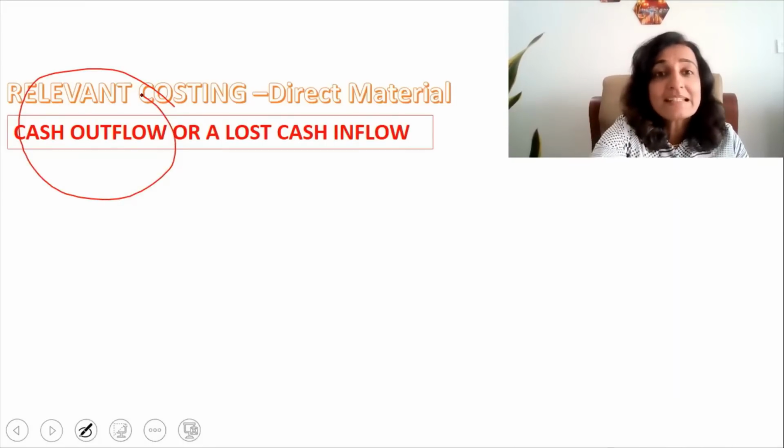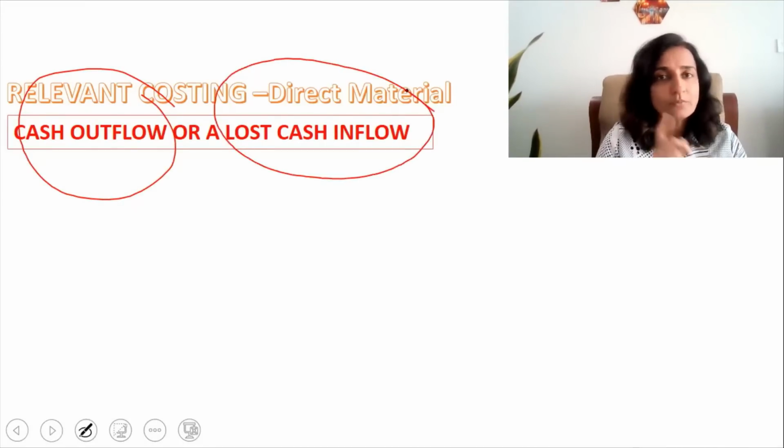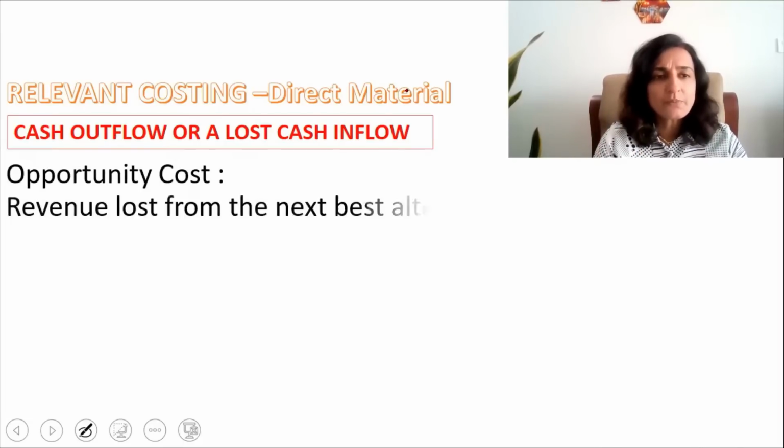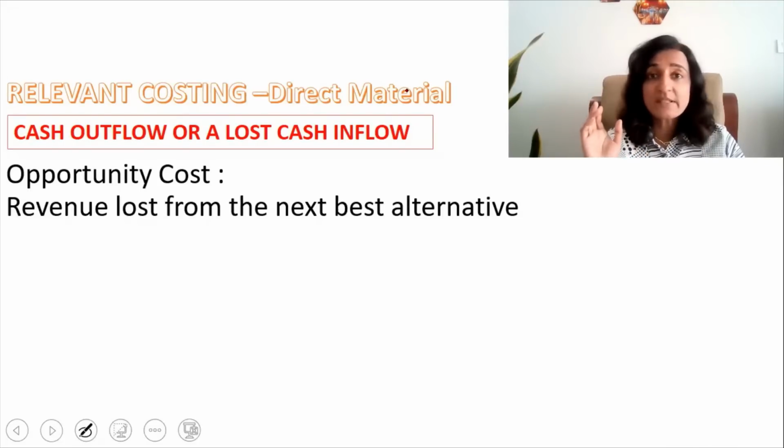Now what is left is the lost cash inflow. Opportunity cost. Opportunity cost is the revenue lost from the next best alternative. This is something that we have already studied in the previous class.